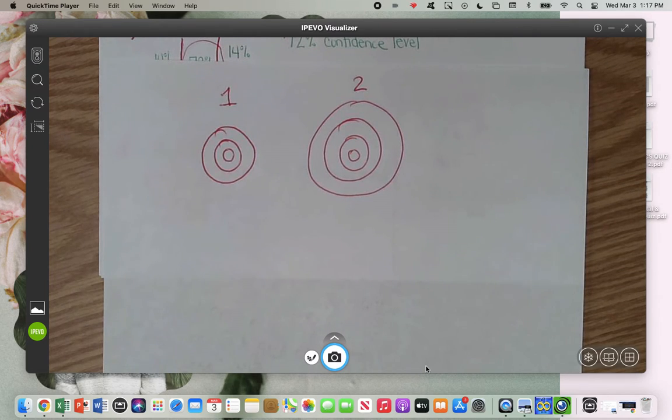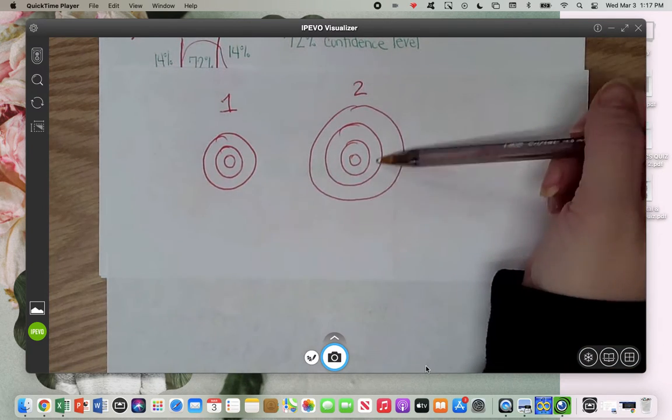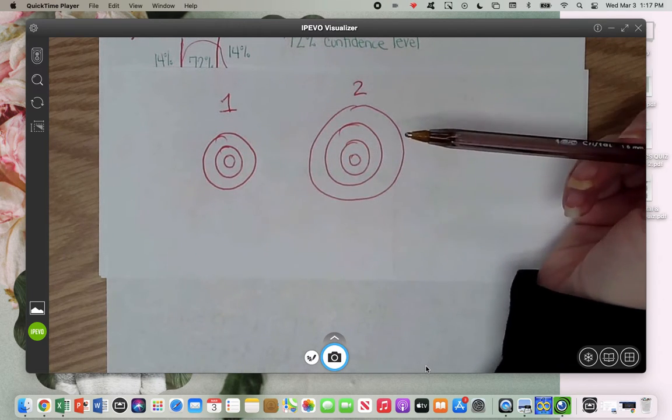And I would hope that you would tell me that you have more confidence of hitting target 2 because you have a better chance of hitting it because there's more area. You're going to have a better chance of hitting this target just because you have more room for error.